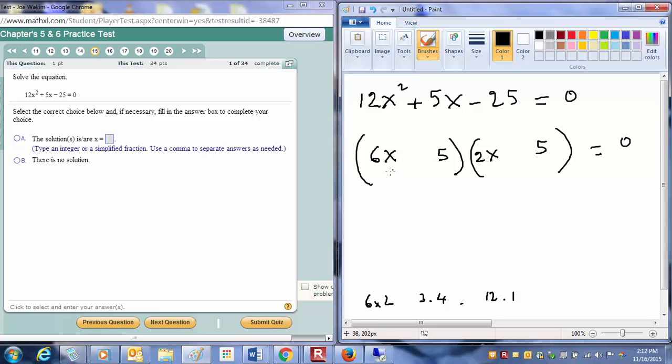And notice that this is 30, and this is 10, so there is no way we can get the 5. So when we do 6 times 5, that's 30, that's 10. And even if we switch, it's not going to work. So 6x will not work.